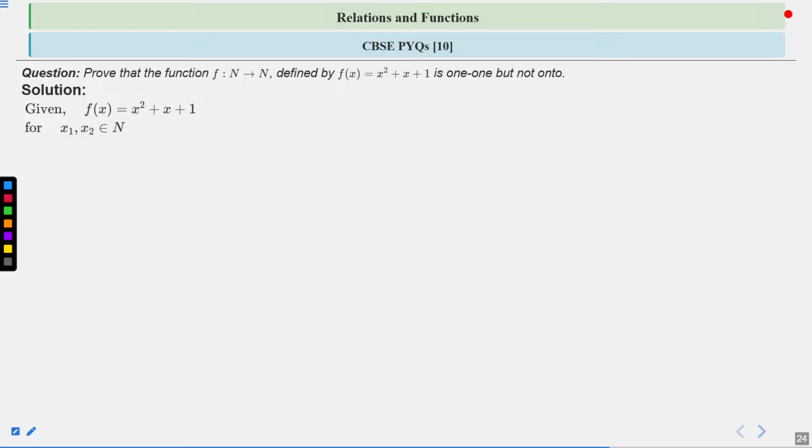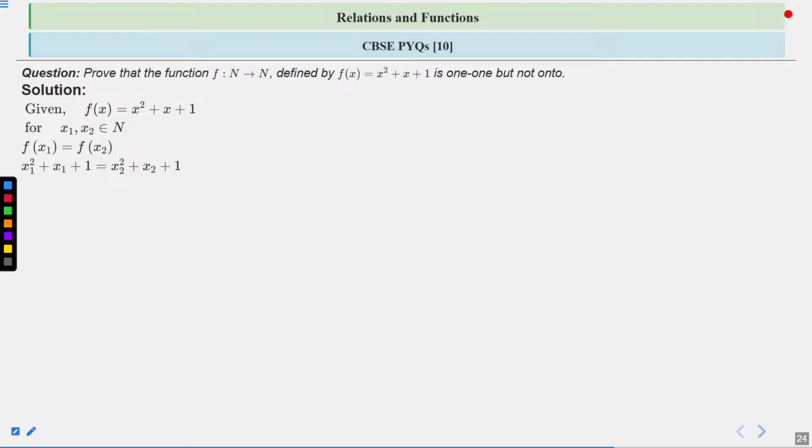Now for a one-one function, what we need to do is basically take f(x1) = f(x2). So for x1, x2 belonging to natural numbers, we can write f(x1) = f(x2). If we solve this, it will be x1² + x1 + 1 = x2² + x2 + 1.